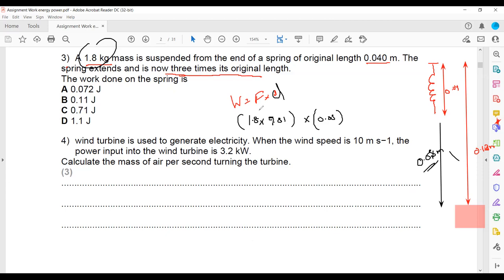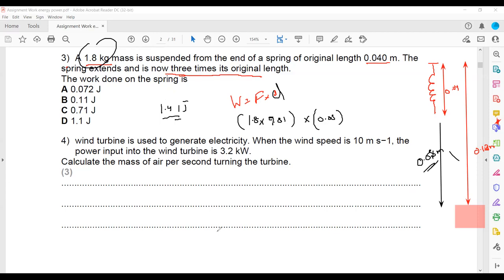So what is the final answer for this? The final answer is 1.41 joules.